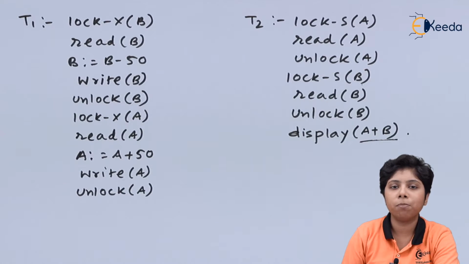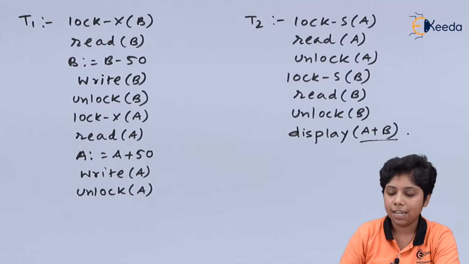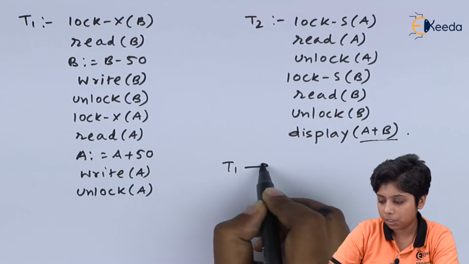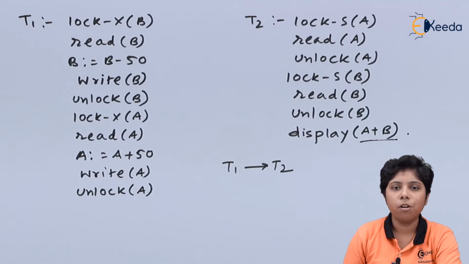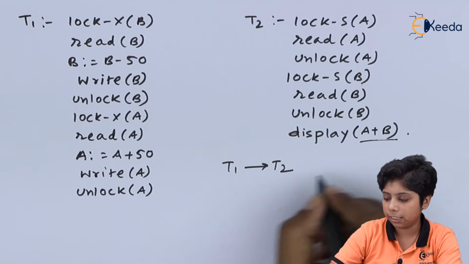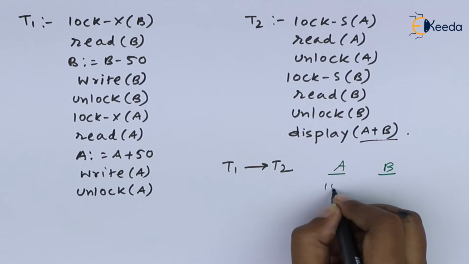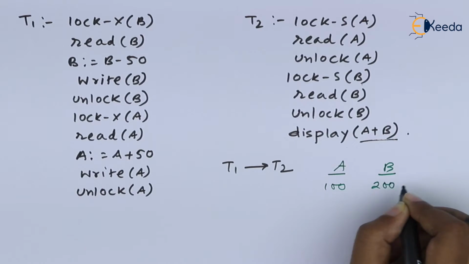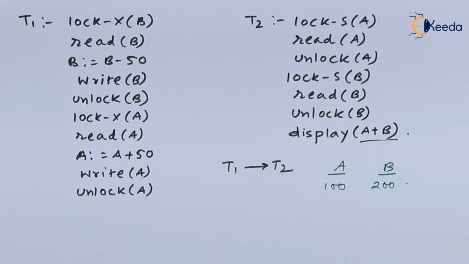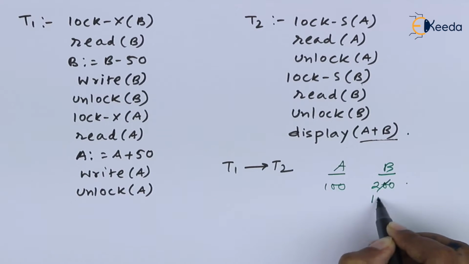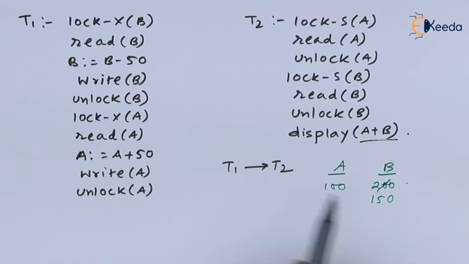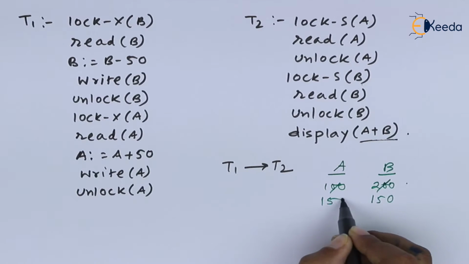Now, if we perform these two transactions serially, with T1 preceding T2, say A and B are first 100 and 200. If we perform T1 then T2, it will update B minus 50, that is 150, and finally A plus 50, that is 150.